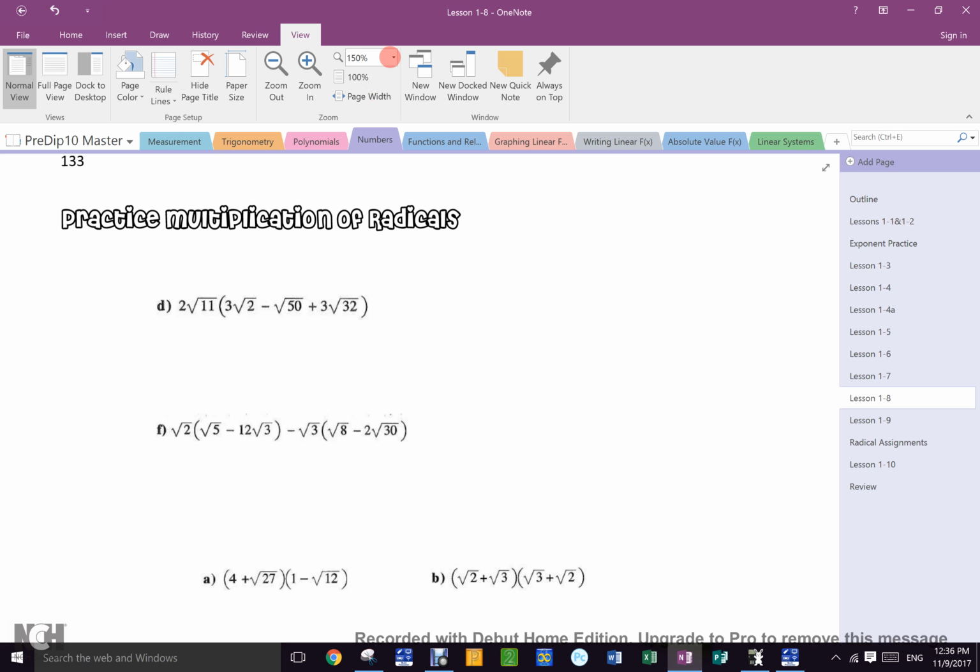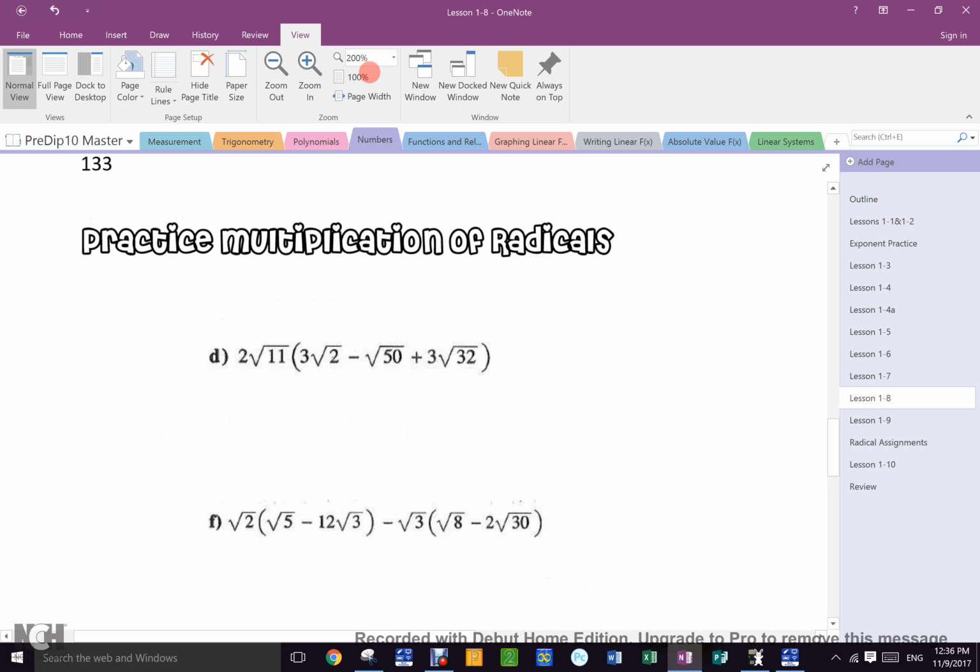You can't see it? Can you zoom in a little bit? Thank you. Further? Excellent.